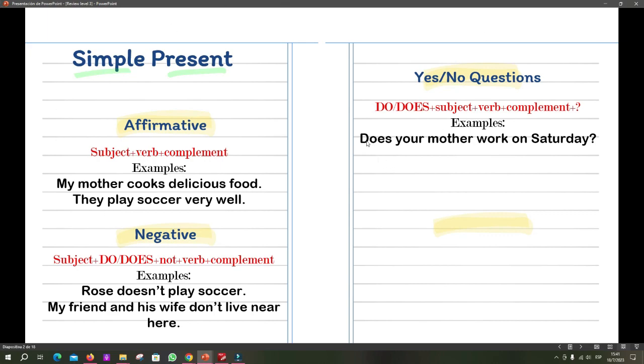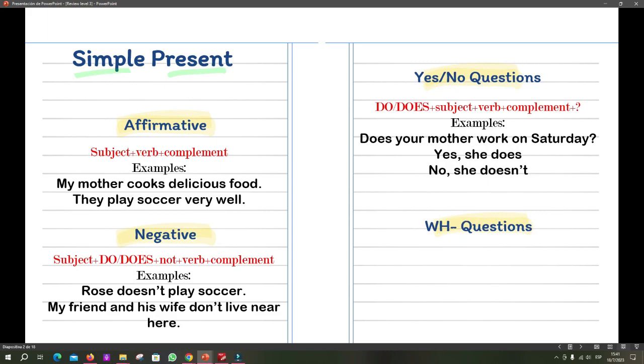So first, the auxiliary does, because you're talking about your mother, third person singular, the verb in the base form. You don't need the s here, no. Complement and question mark, right? So, if you want to answer that question, you can say yes, she does, or no, she doesn't, right?